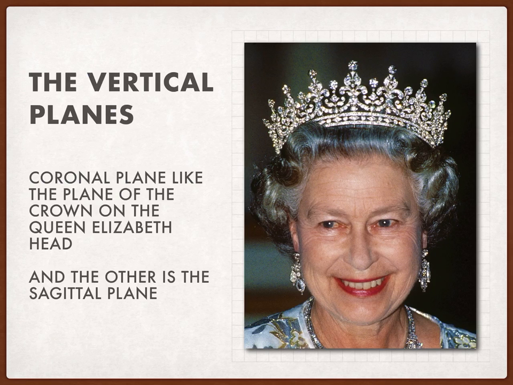So that you will not be confused about these planes, because my subsequent explanations will be based on them, I want you to always remember that apart from the horizontal or transverse plane, we have the vertical planes, and the vertical planes are two: the coronal plane, like the plane of the crown, like the crown of Queen Elizabeth.